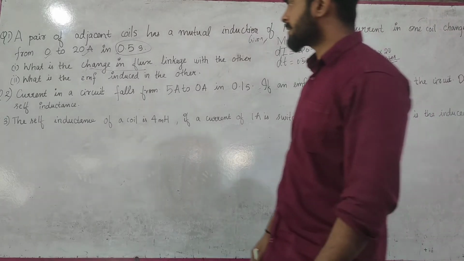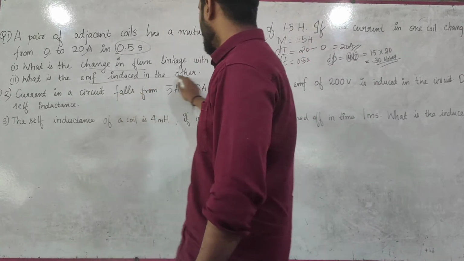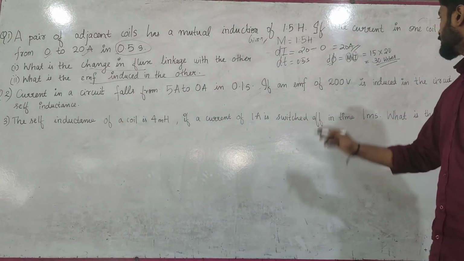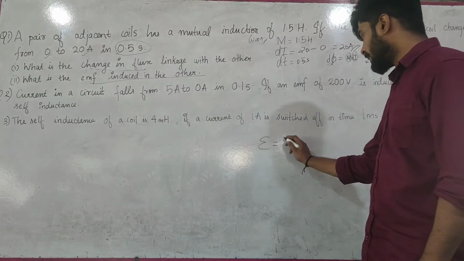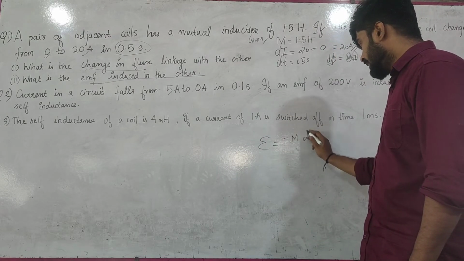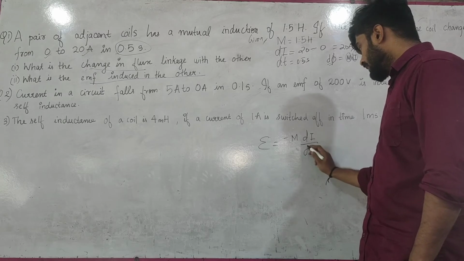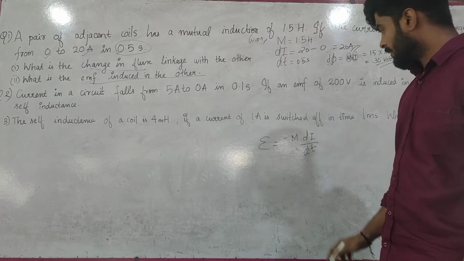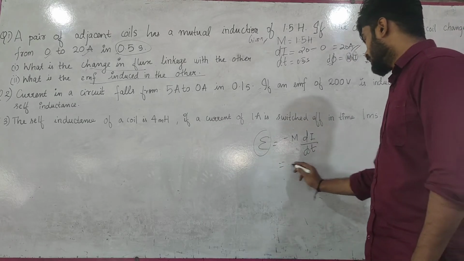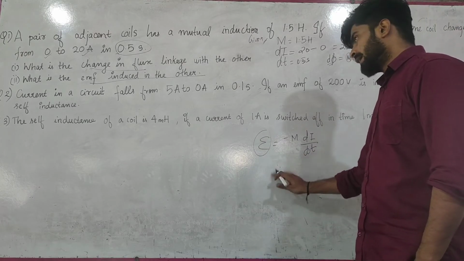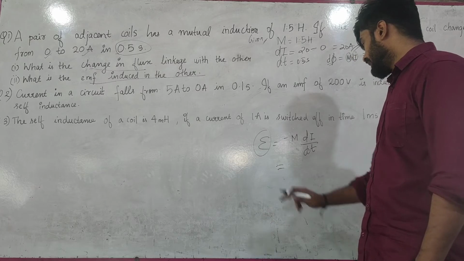And the second part is what is the EMF induced in the other coil. For finding induced EMF in case of mutual induction, we have the formula minus M di by dt, right? From here we have to find the induced EMF. We only have to find the magnitude, so you don't have to write the negative sign.